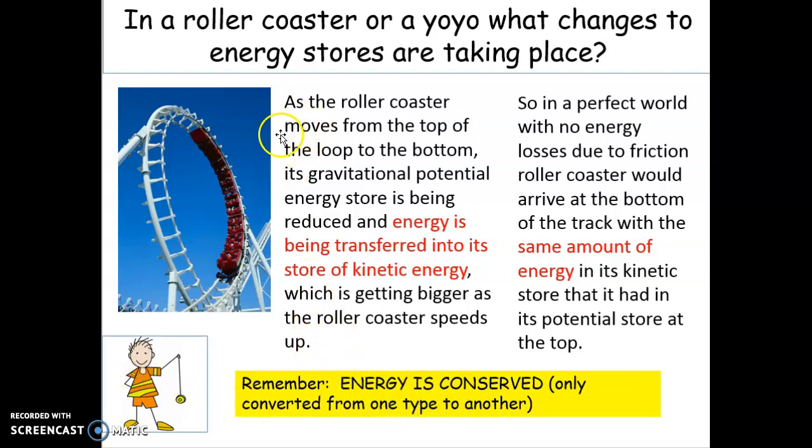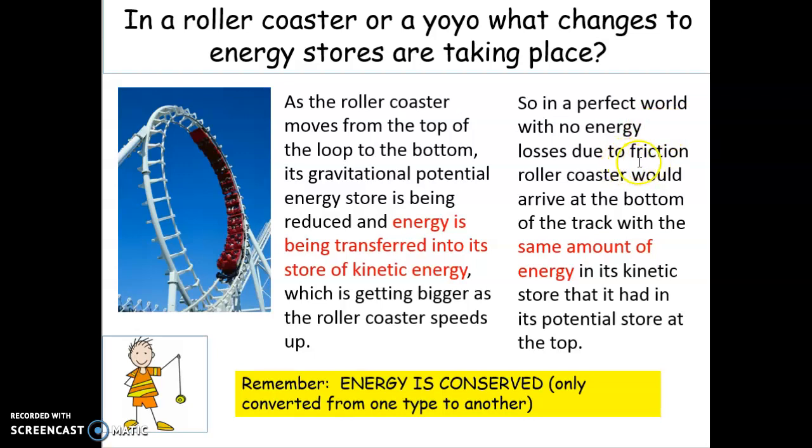So as the roller coaster moves from the top of the loop, where it's got its maximum gravitational potential energy, we are transferring energy into its store of kinetic energy, which is getting bigger and bigger as the roller coaster speeds up. But in a perfect world, we wouldn't lose any of that energy, we wouldn't dissipate any of that energy to the surroundings.